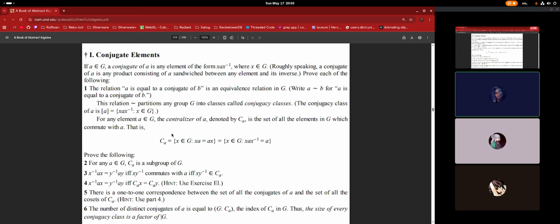You know that A equals x B x inverse, and now you need to prove that B is equal to x inverse A x, right? Maybe, yeah, I can write this down. Let me pick the tablet here. Okay, let's do that. Let me pick the tablet.